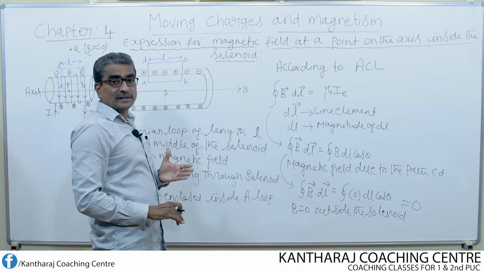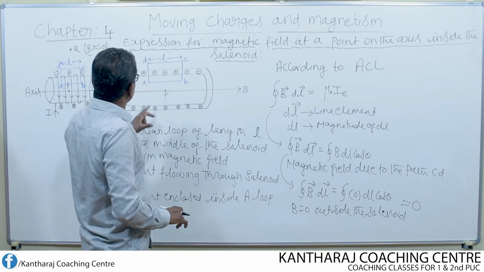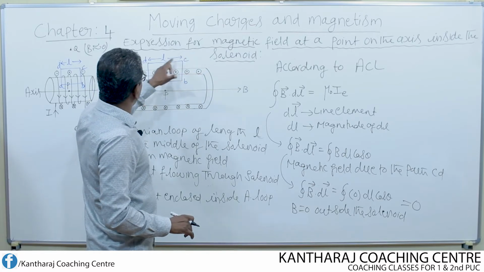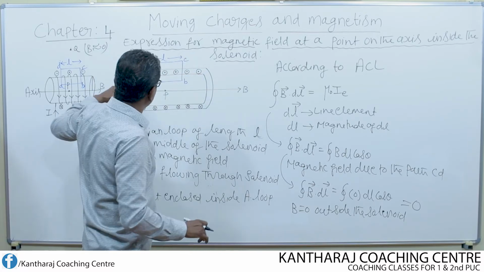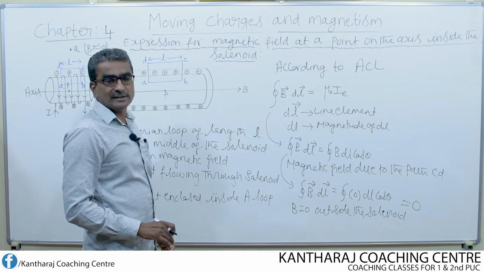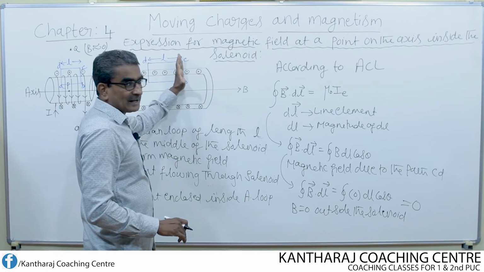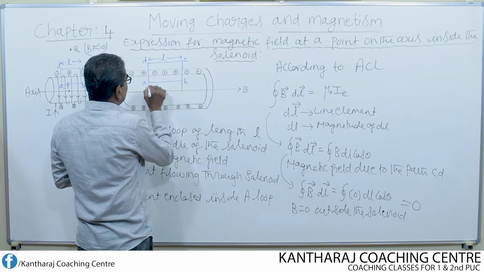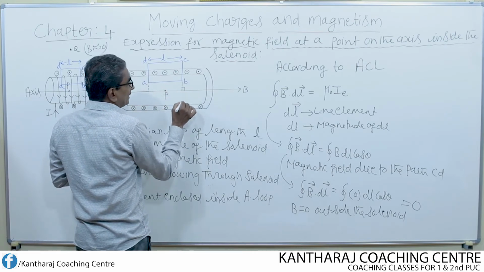Now, let us find once again the magnetic field due to the paths AD and BC. This path DC is parallel to the magnetic field, whereas these two paths are perpendicular to the magnetic field. Look here, suppose I extend this and also this. What is this angle now?